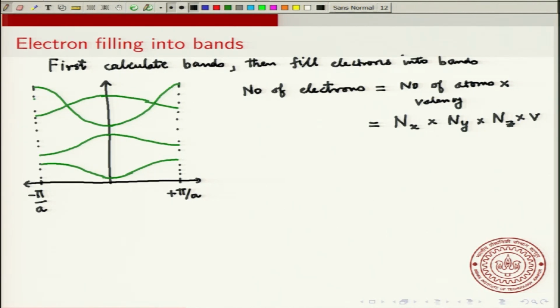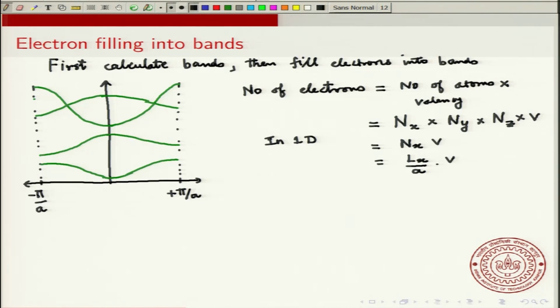So, now you can see in 1D, in one dimension, the number of electrons is equal to Nx times the valency, and Nx is just the length in the x direction divided by a, times the valency.